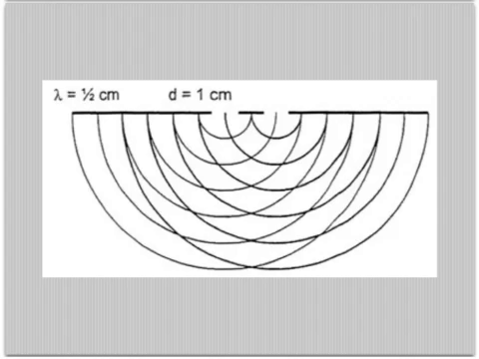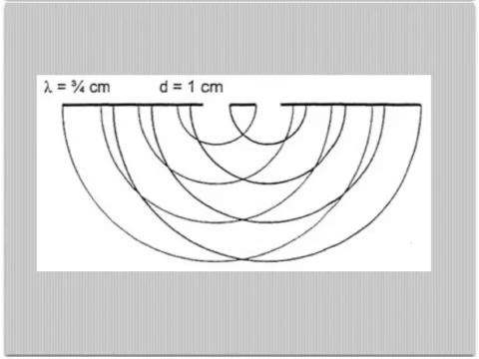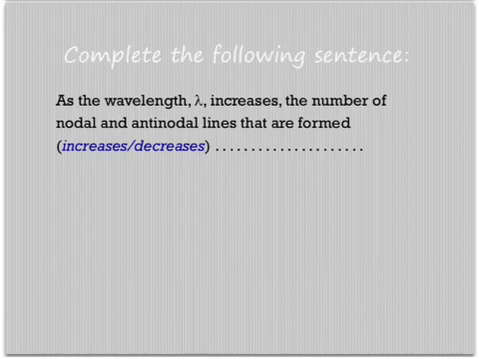Here, the wavelength has increased from 1/4 to half a centimeter, so from there to there, half a centimeter. Here, the wavelength has increased further from half to 3/4 of a centimeter, so from there to there is 3/4 of a centimeter.